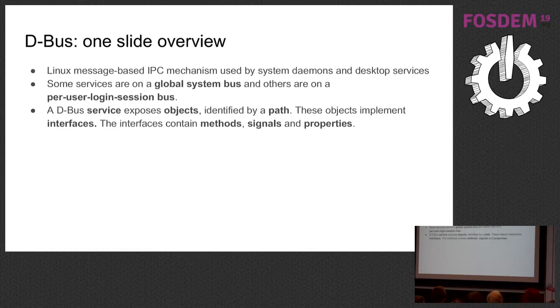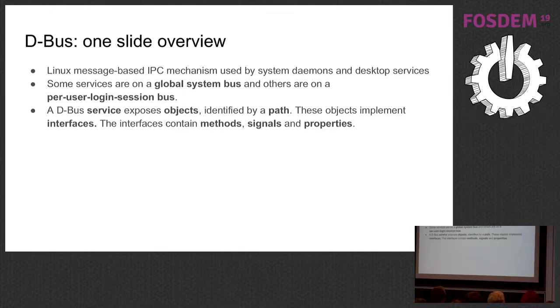I think most of you know dbus, but in case you don't, this is a one-slide overview. So dbus is an IPC mechanism, so inter-process communication mechanism that you find on most Linux systems. And system daemons use it, and also desktop services use it. And some of these services are on a system bus, like your systemd init process is on the system bus.